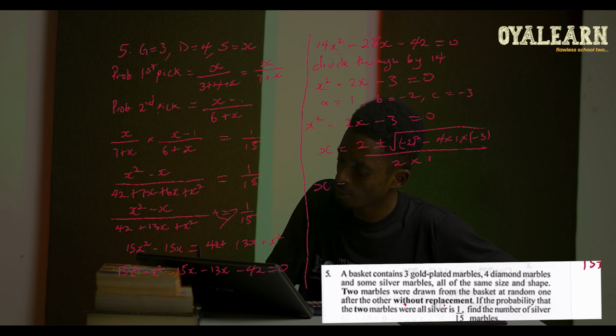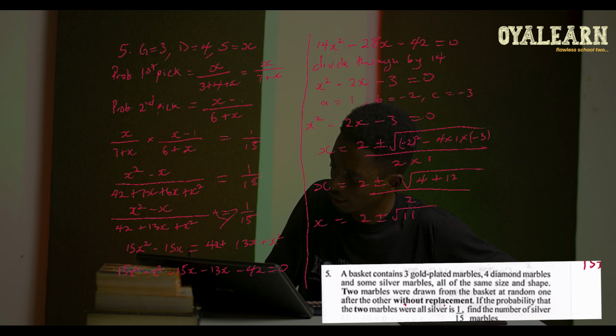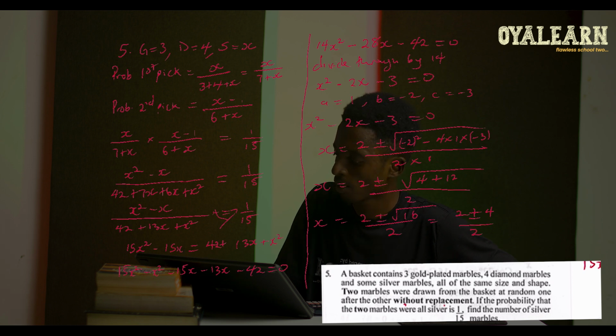Then our x becomes 2 plus or minus the square root of 4. Minus times minus gives us plus, and 4 times 3 is 12, all over 2. So x becomes 2 plus or minus the square root of 16 over 2, which is then 2 plus or minus 4 over 2.